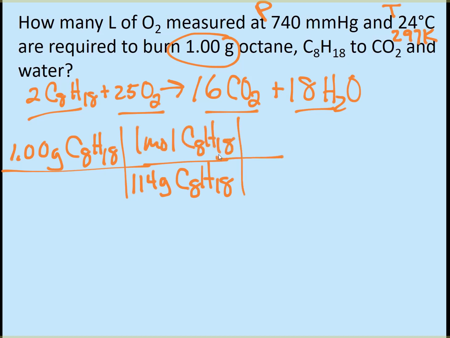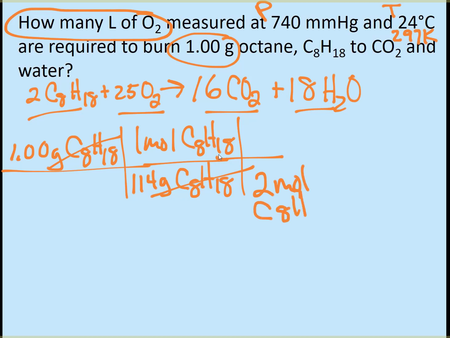And now when I look at the balanced equation, I am going to cancel out my moles of octane and change it to moles of oxygen. Because again, that's what my question is: how many liters of oxygen? So in the balanced equation, for every 2 moles of the octane, I have 25 moles, that's a little crazy, of the oxygen.